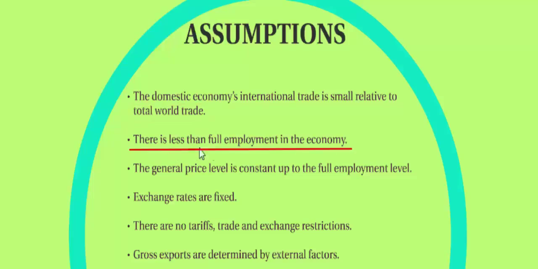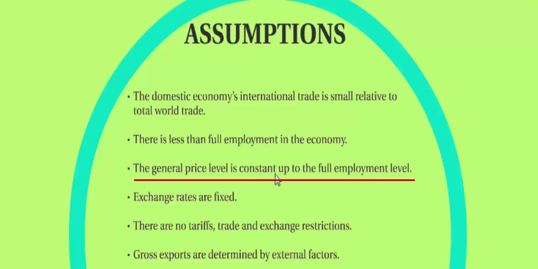The second assumption is that there is less than full employment in the economy. Third, the general price level is constant up to the full employment level. So as soon as we reach the full employment level, the general price level will be changing.